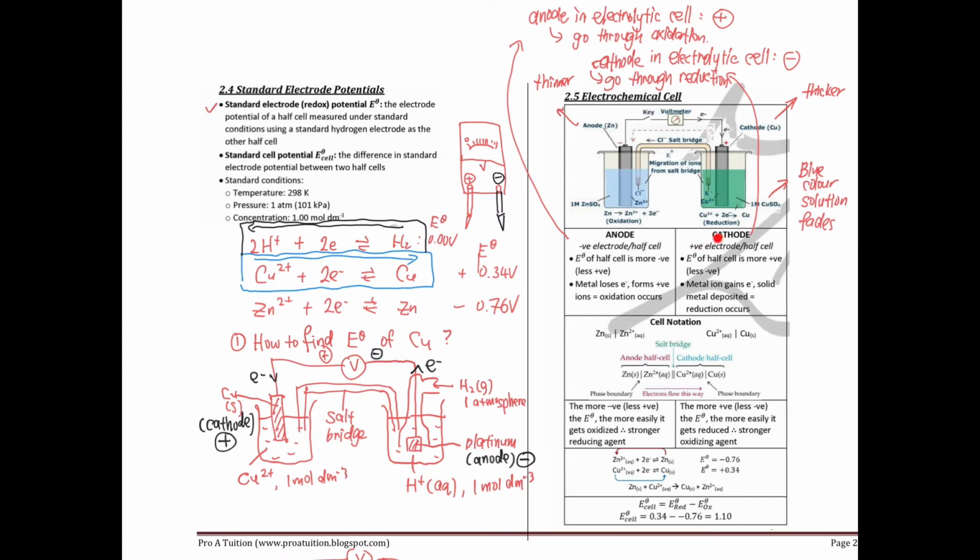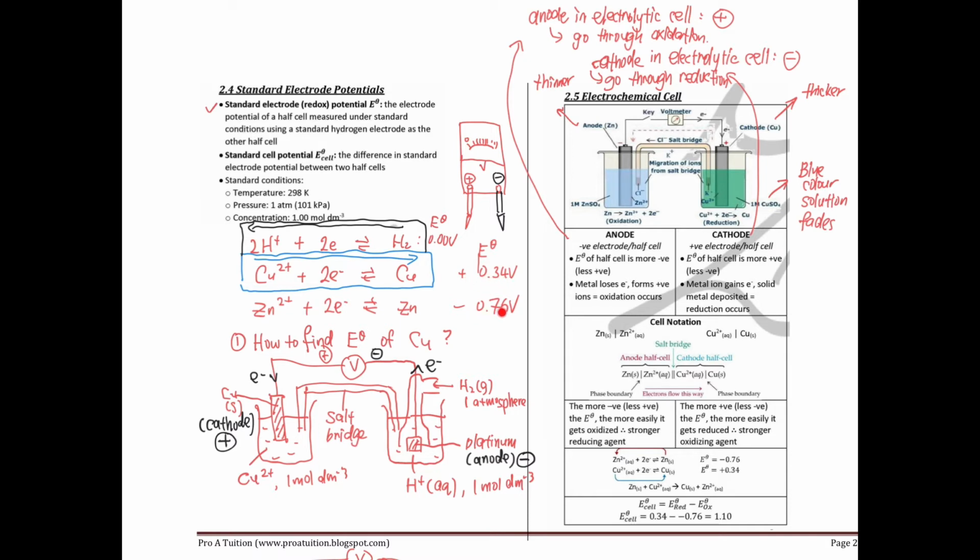So who is going to be cathode? So you have to look at the data booklet. You take the one that is more positive. As in here, you see copper, the E theta is more positive, so it is taken as cathode. Okay, so E theta of the half cell is more positive or less negative. So less negative is like, let's say you have two values that are negative. This is negative 0.36, this is negative 0.34, for example.